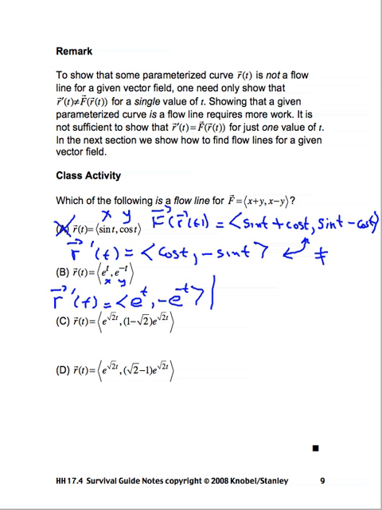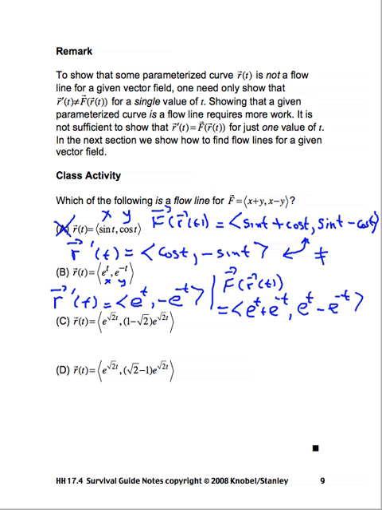Turning to f, f of r of t. So substitute x equals e to the t, y equals e to the minus t into f, and what do you get? You get x plus y, e to the t plus e to the minus t, and x minus y, e to the t minus e to the minus t.